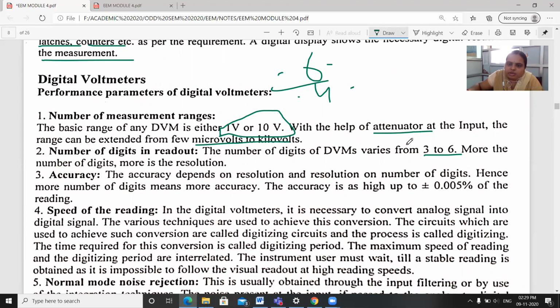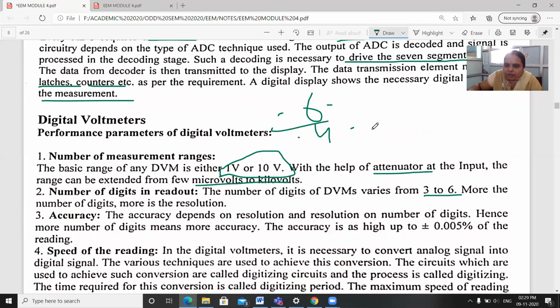If I want to display a voltage, for example 4.3, with a 3-digit display, 4 takes 1 digit, the point takes 1 digit, and 3 takes 1 digit. So 3 digits have come.